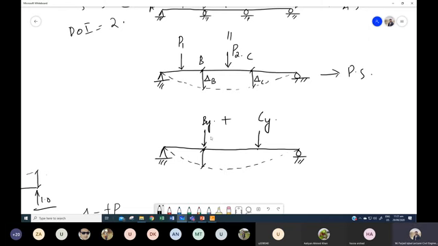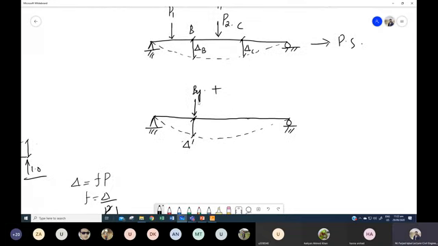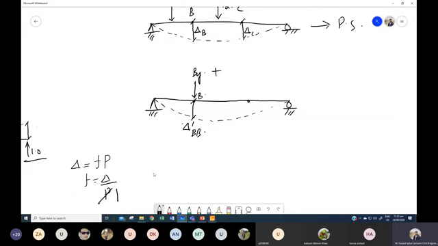And now the deflection is delta dash BB, and this is our point B, and this one is C. In the case when we apply the redundant at C, let's call this Cy.